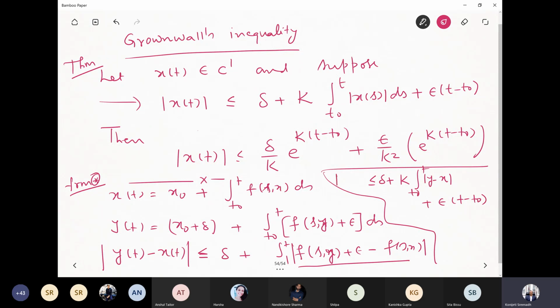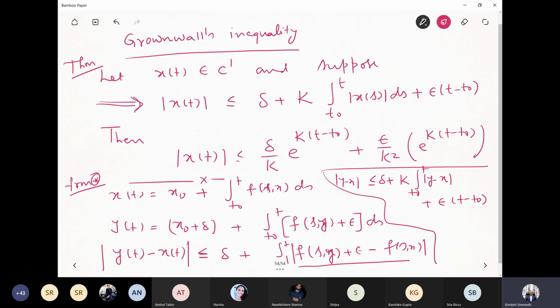This is what we have, |y minus x|, and that is what we have in the first inequality. Therefore, |y minus x| will be less than or equal to delta by k into e power k (t minus t naught) plus epsilon by k.